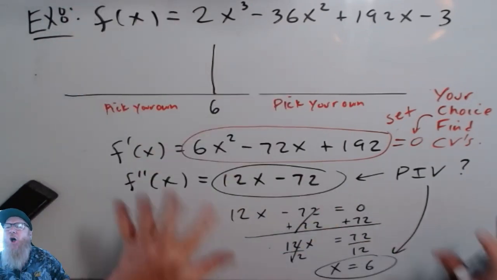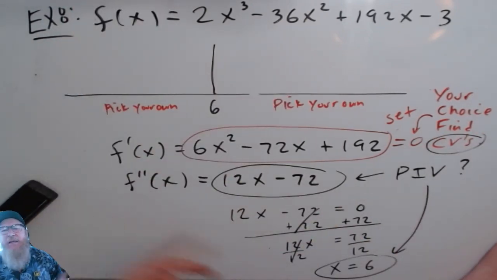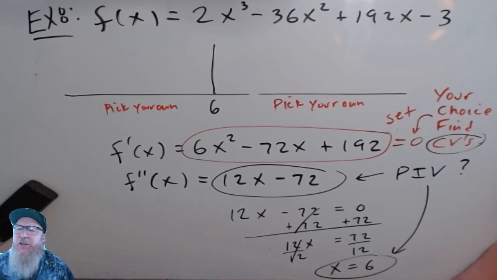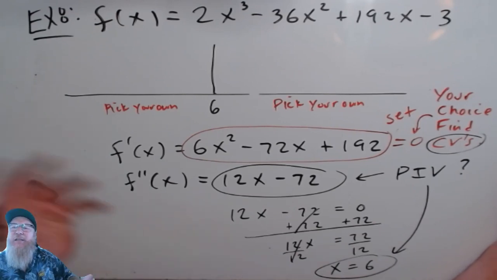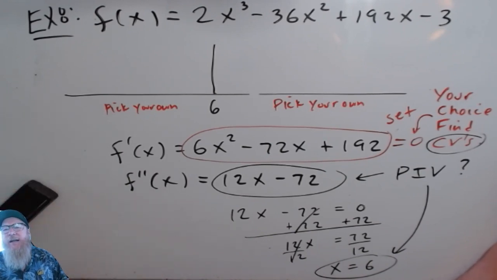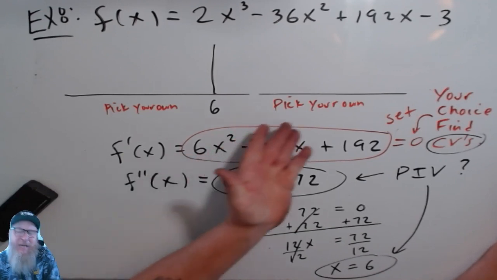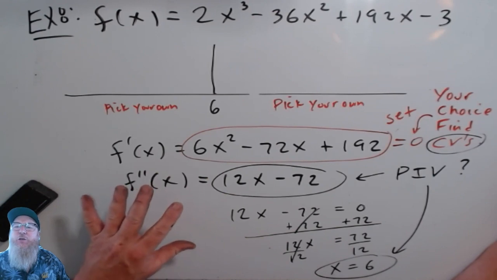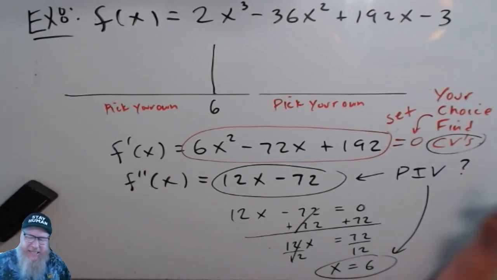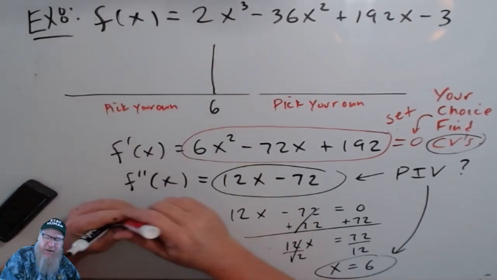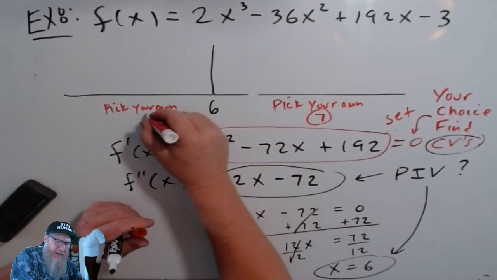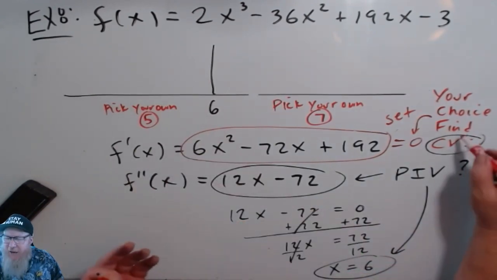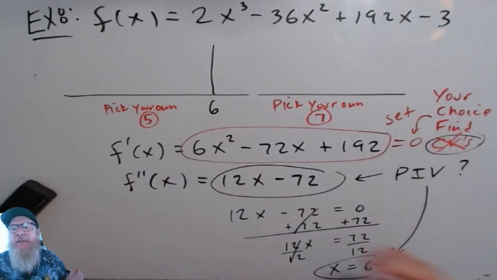If I am already finding the critical values, like because the problem has already asked me for that, or I've already discovered them, I might do that. But if the problem's not giving me a sort of a lead in to the critical values, and I don't find it necessary to find them, why not just pick my own numbers? The only downside to picking your own is you don't know what they are. They're just simply test values. So I want to make that clear. If you pick your own, I'm going to pick 7 and 5. All right. They are not critical values. They might be. I don't know.